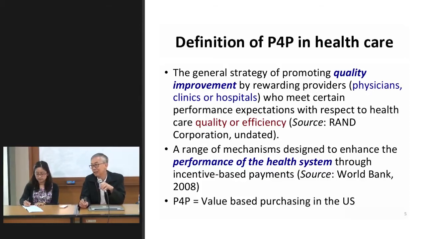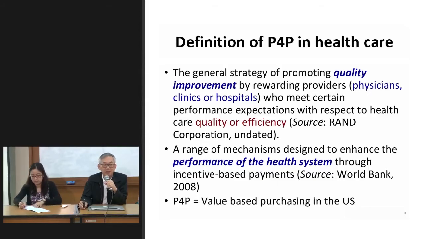If we set quality improvement as criteria, then we expect to have quality improvement in the end. So it's more direct. But within the RAND definition, they also put the efficiency within the framework of P4P.